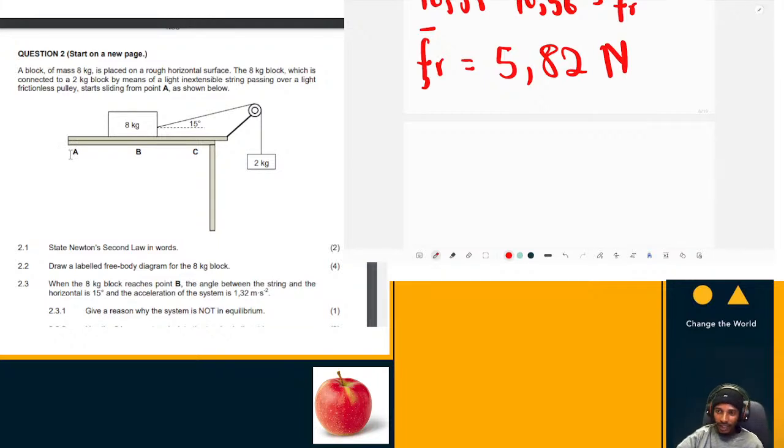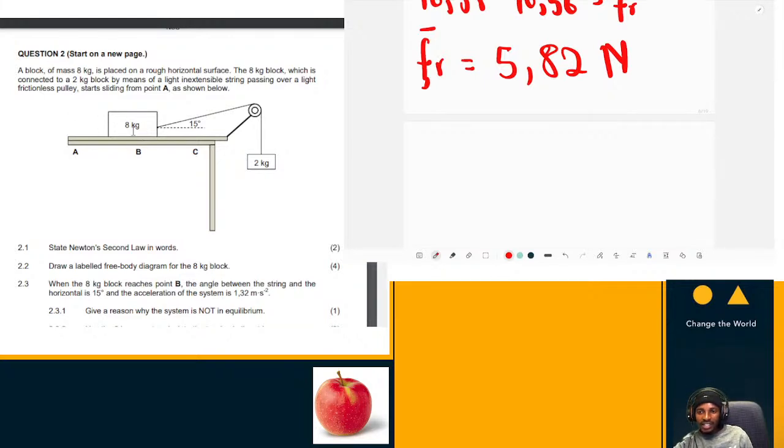Then this tension over here will be almost parallel to the table. In other words, the angle between the force and the surface on which our object is in contact with will be 0, or 180. Therefore, there will be no vertical component.